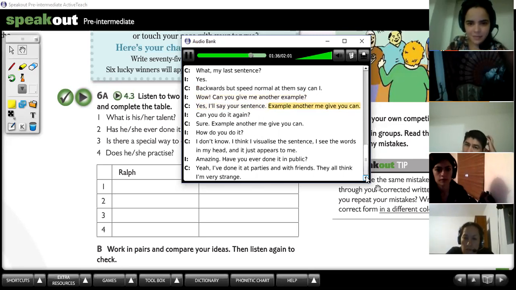Example another me give you can. Can you do it again? Sure. Example another me give you can. How do you do it? I don't know. I think I visualize the sentence. I see the words in my head and it just appears to me. Amazing. Have you ever done it in public? Yeah, I've done it at parties and with friends. They all think I'm very strange.